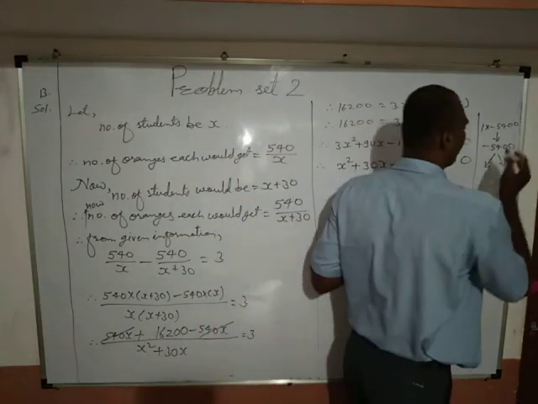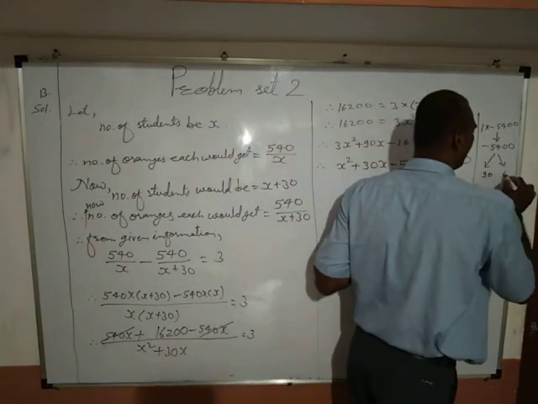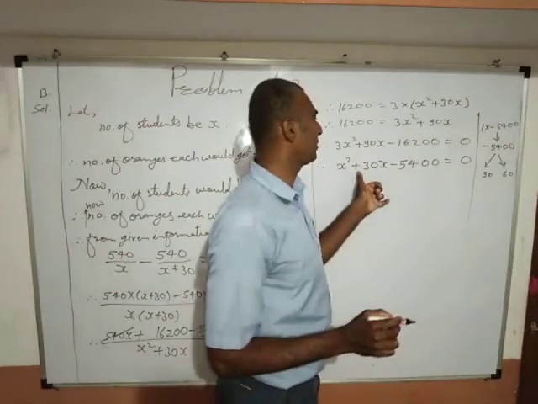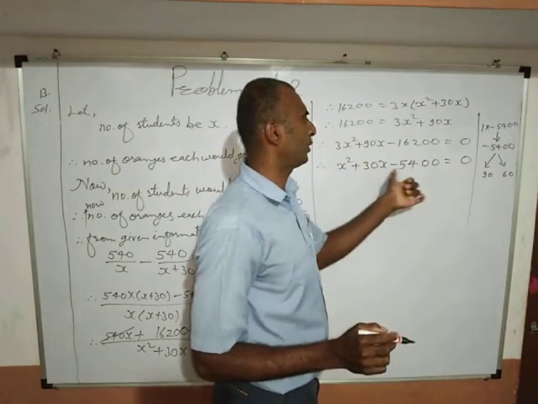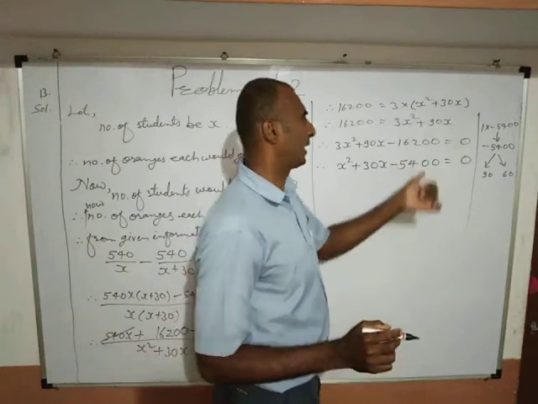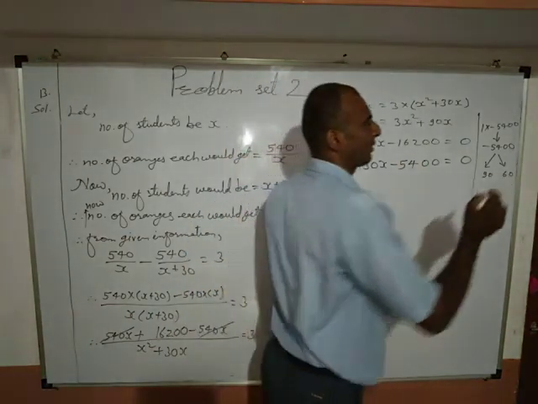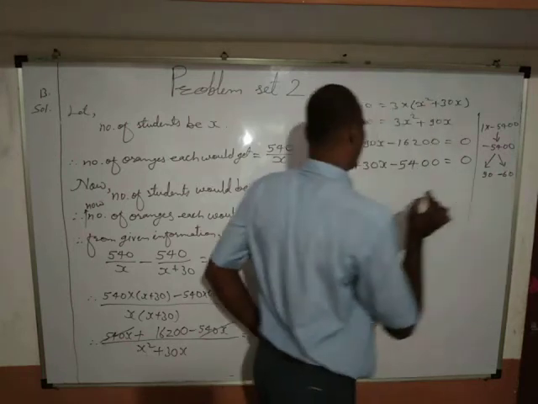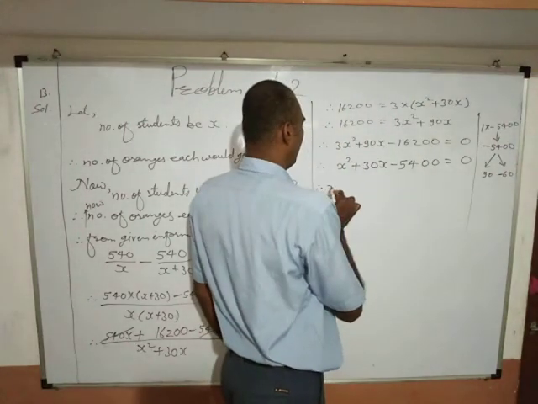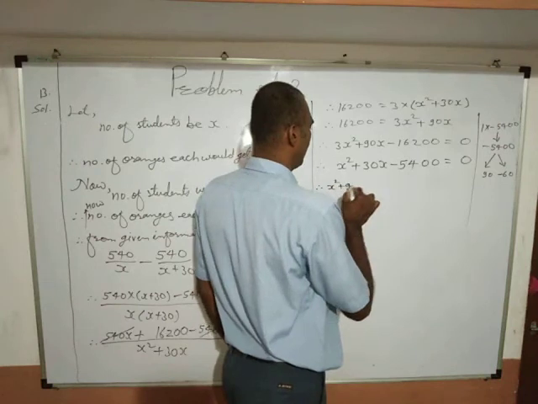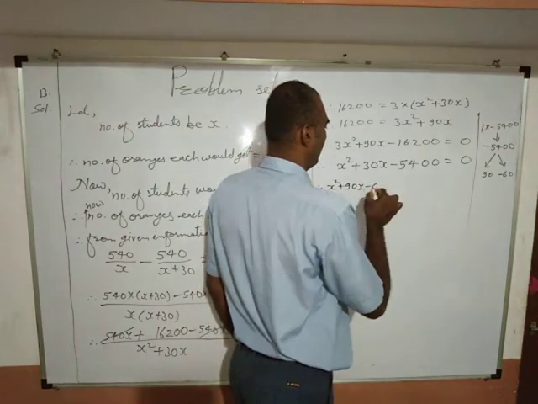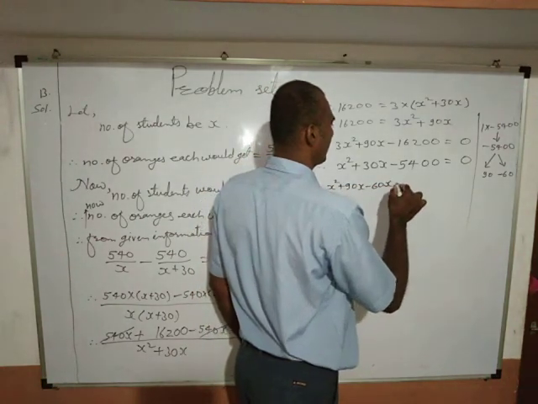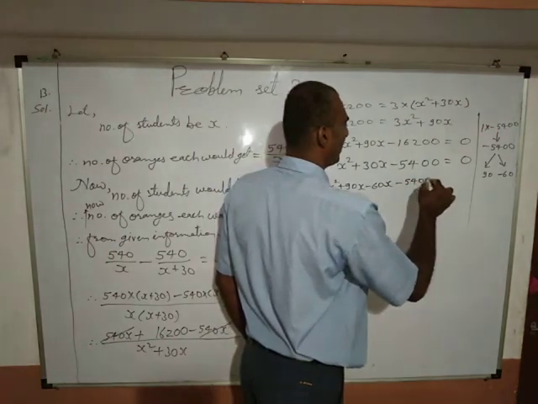Yes, of course, it must be 90 into 60. As addition must be positive, product must be negative. Greater factor will be positive, smaller factor will be negative. Plus 90 minus 60. Okay, and therefore it will be x square plus 90x minus 60x minus 5,400 equal to 0.